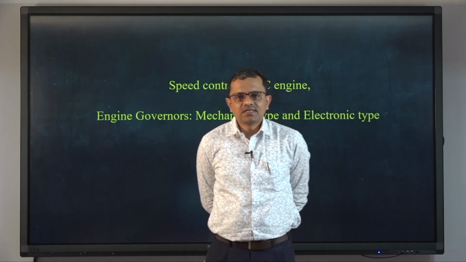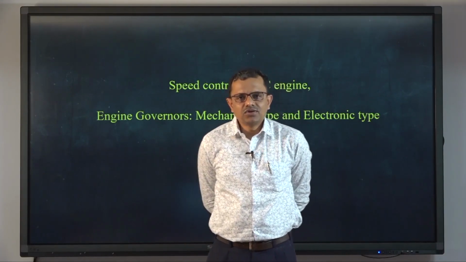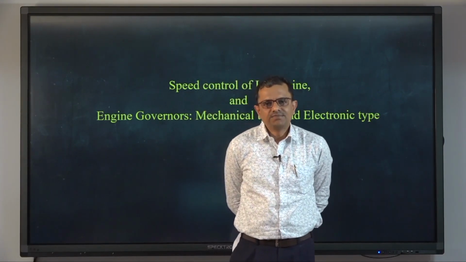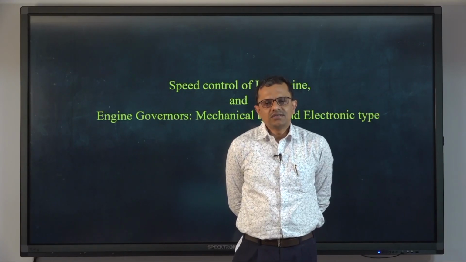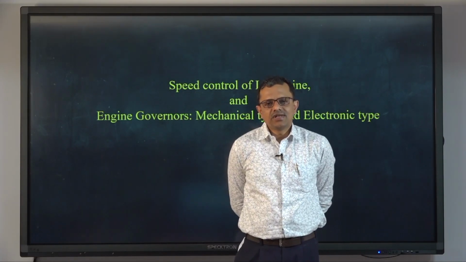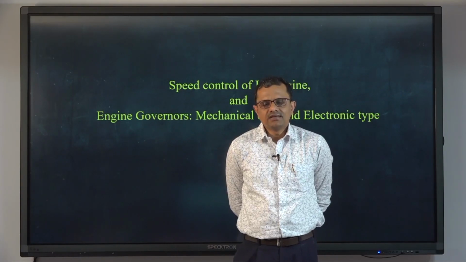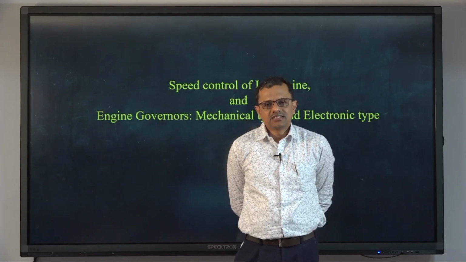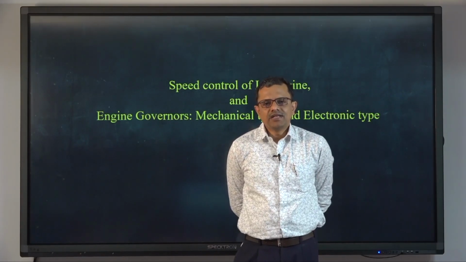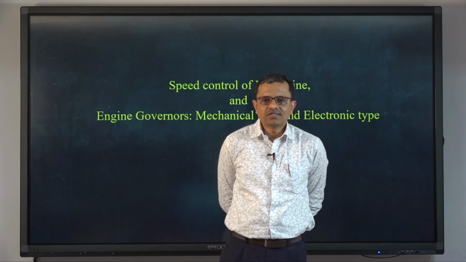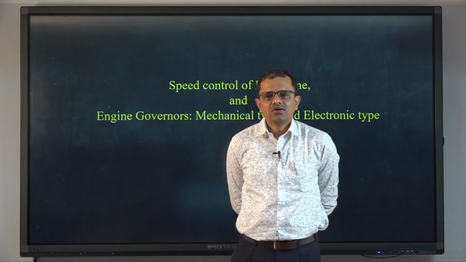Traditionally, control of internal combustion engines has been based on sensing and monitoring some variables, and those variables are engine speed, intake manifold pressure, coolant temperature, oxygen concentration in the exhaust gas, and so on.